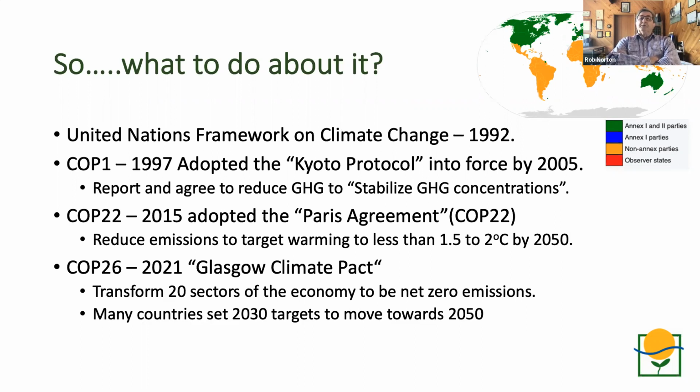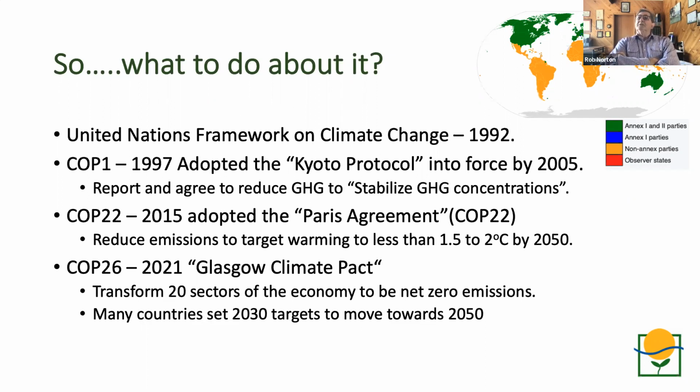In 2015, the Paris Agreement, COP22, was established, and what was agreed there was, okay, we're measuring it, but what are we going to do about it? The agreement was to try to reduce emissions to get global warming to less than 1.5 to 2 degrees by 2050, and that was the target set by the countries that agreed to the Paris Agreement, of which Australia was one of those parties, and the US.